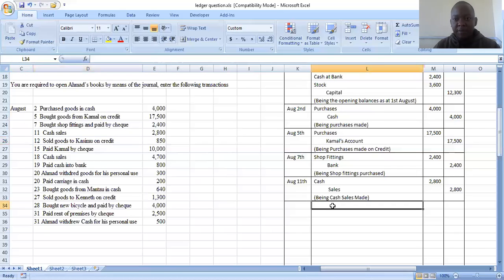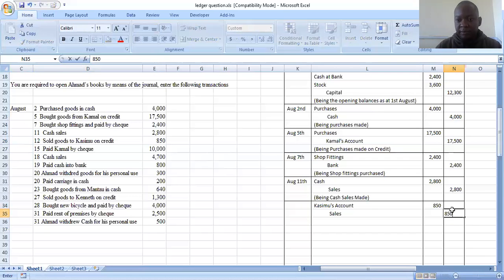So therefore, debit Kasimu's account, but the amount is 850, and then credit sales account. Credit sales account, the amount is 850.